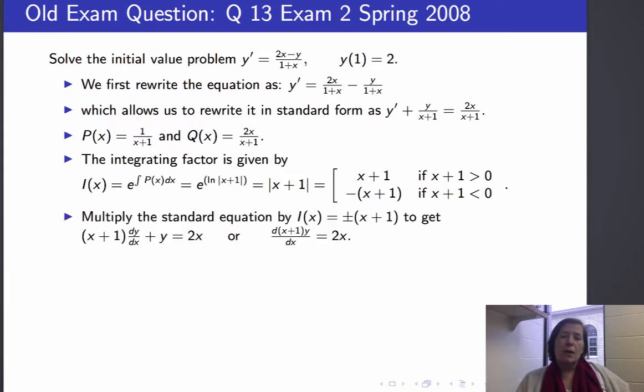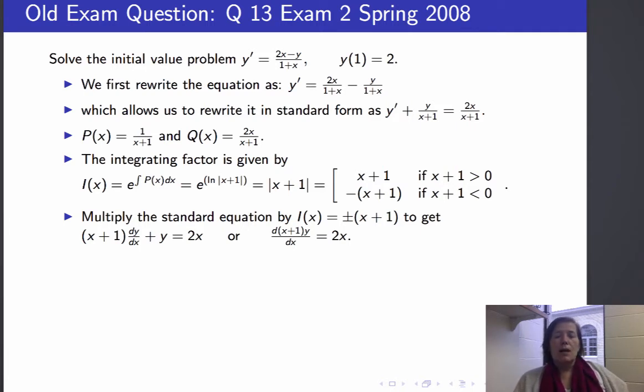And the next step in our method is to multiply across by this integrating factor. And it doesn't really matter whether we multiply an equation by plus (x plus 1) or minus (x plus 1). The minuses will cancel, so it's all the same as multiplying by x plus 1.